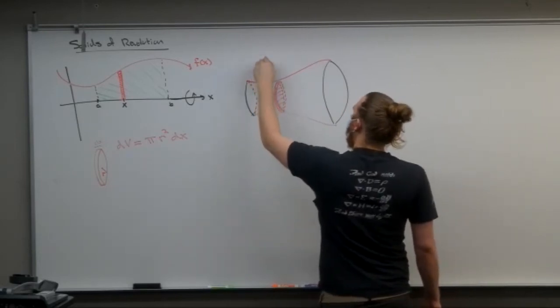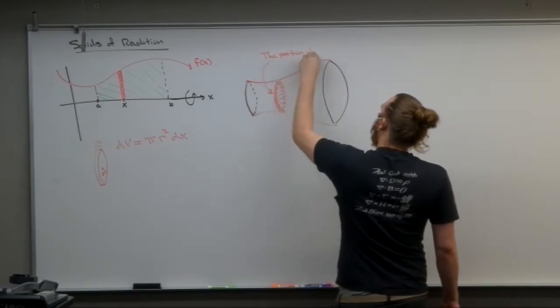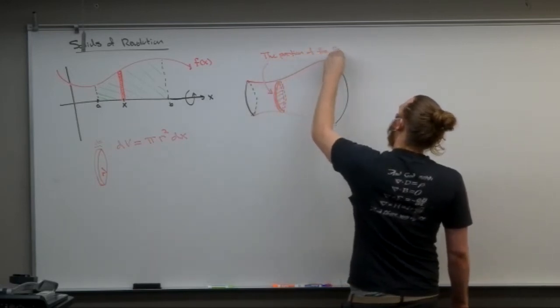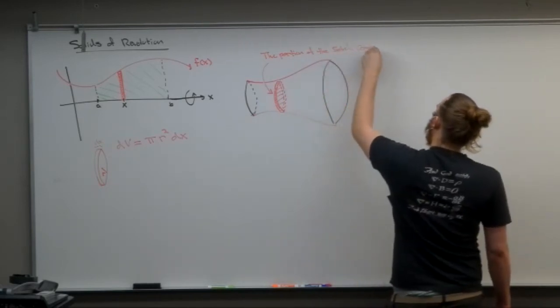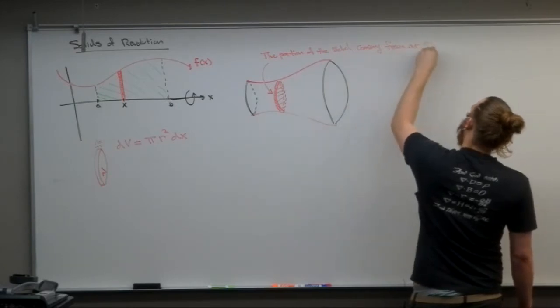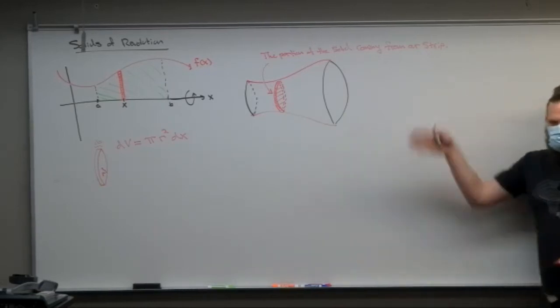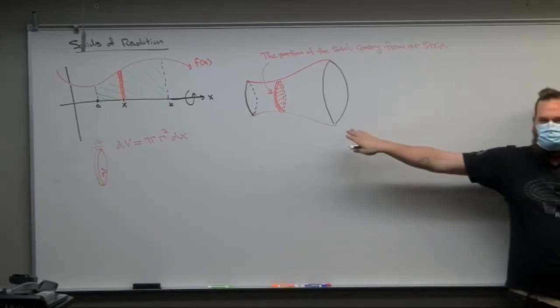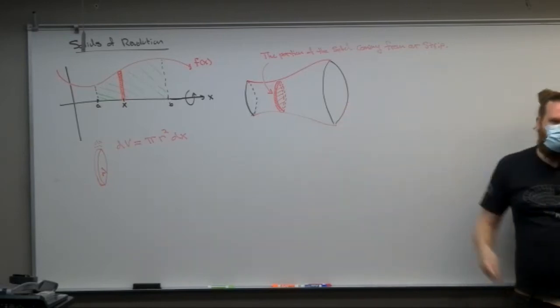So this is the portion of the solid coming from our strip. Every part of that green region generates a part of the solid. And what I'm doing there is highlighting the part of that solid that comes from our strip. Yeah.